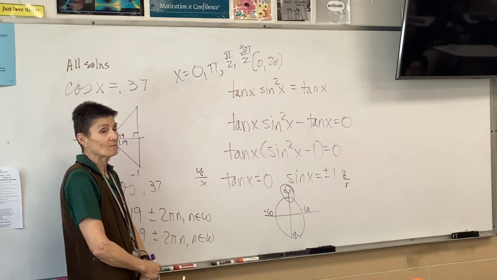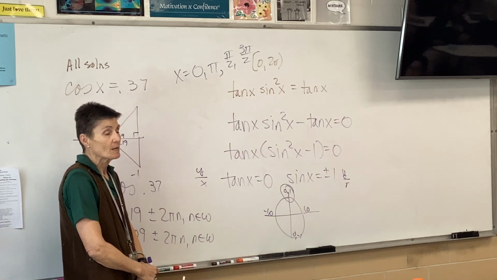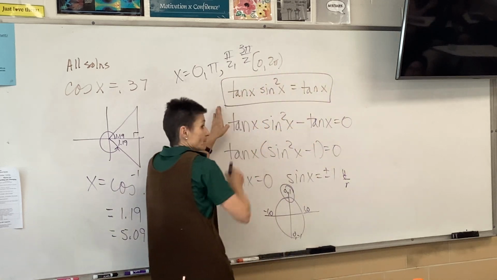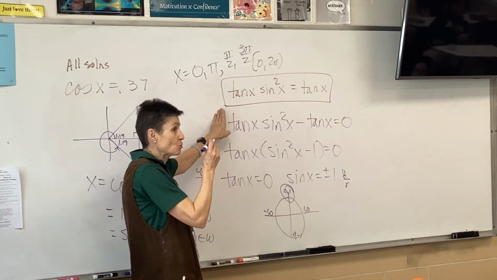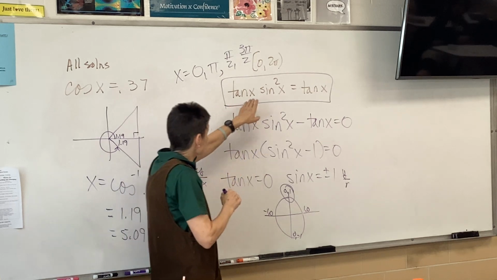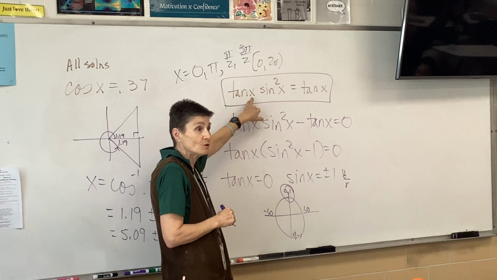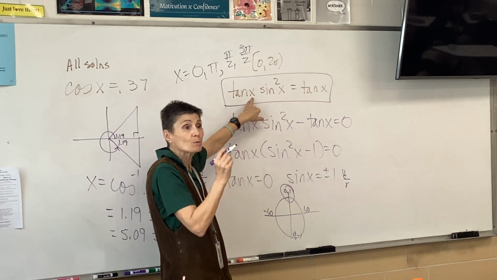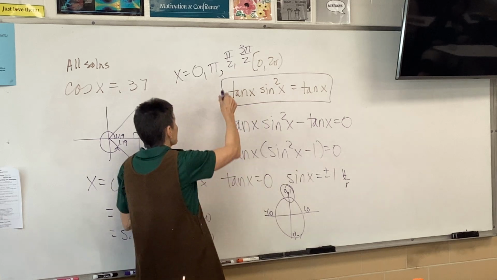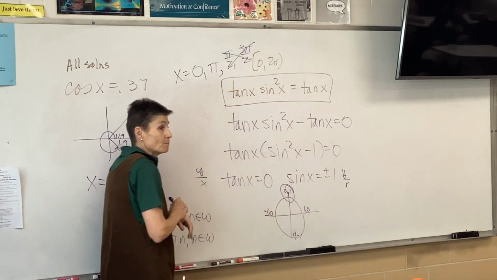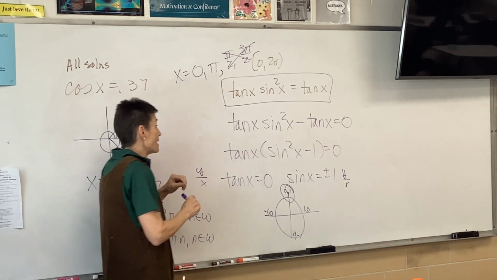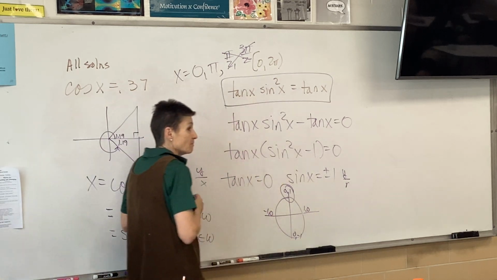What is the value of the tangent at pi over 2? Undefined. This is the equation that you are solving. It has to work for whatever value of x you tell me it works for. Does this equation work for pi over 2? No, because you cannot take the tangent of pi over 2. These two are extraneous. You have to check your answers to make sure that nothing's undefined.